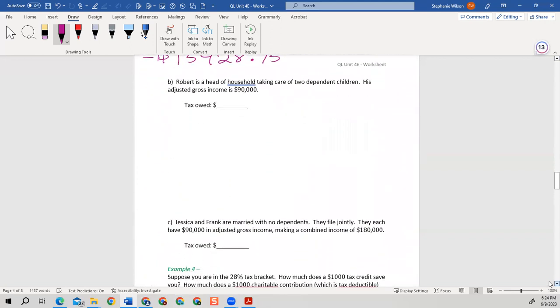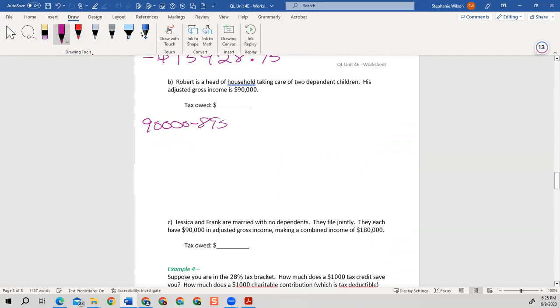So I'm going to take this $90,000 and we're going to subtract the $89.50. I'm sure I remembered that right. And I did this a little bit early. Well, we can go ahead and do that. Let me write it differently.